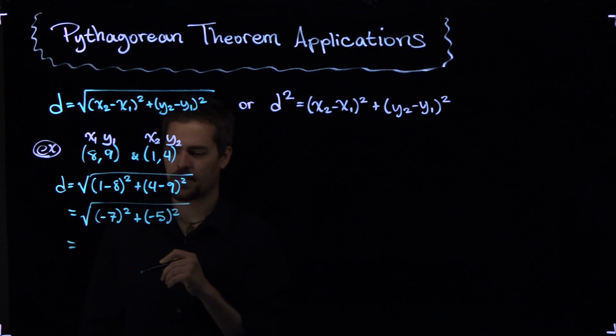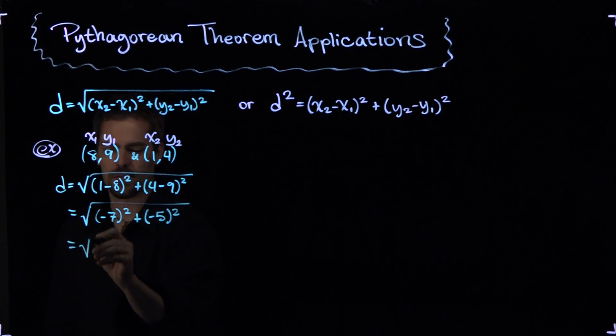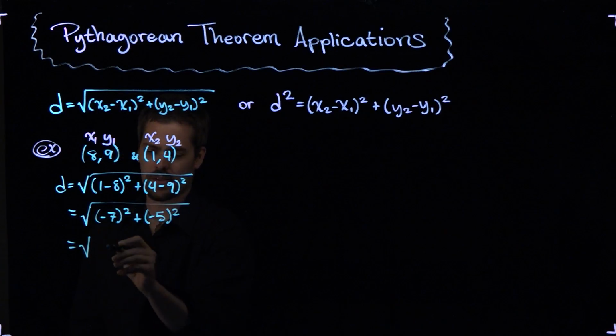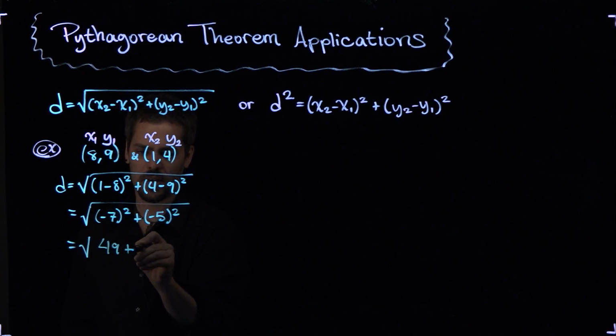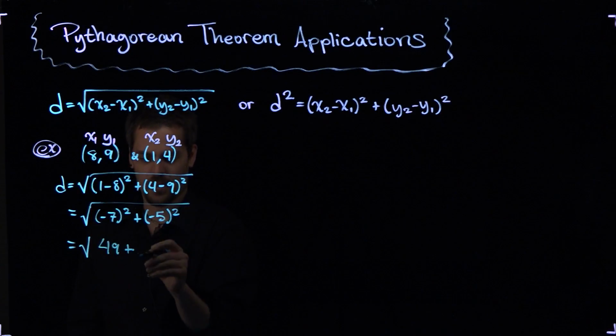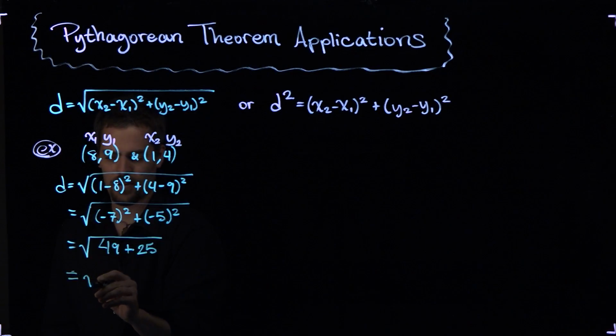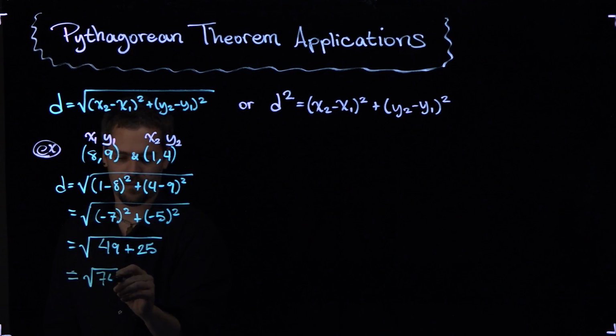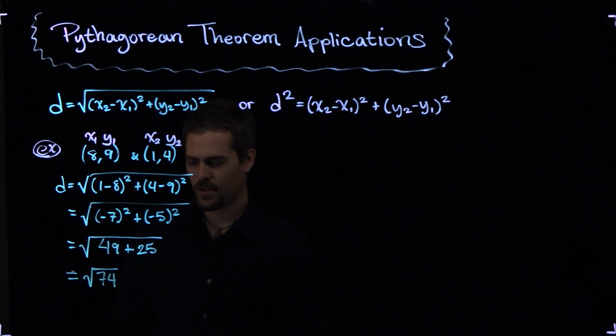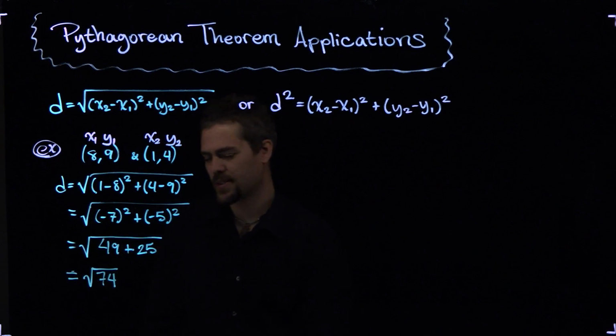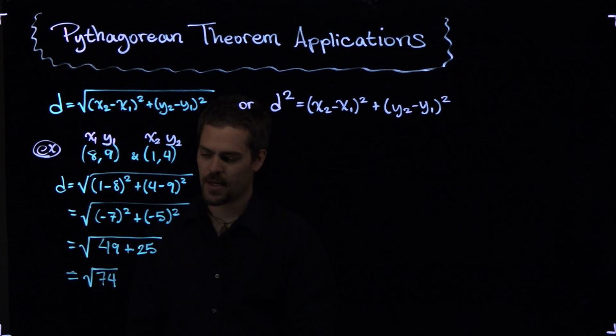Continuing, equals the root of negative 7 quantity squared, which is 49, plus negative 5 quantity squared, which is 25. And that gives me the root of 74, which probably doesn't come out to a nice round whole number.